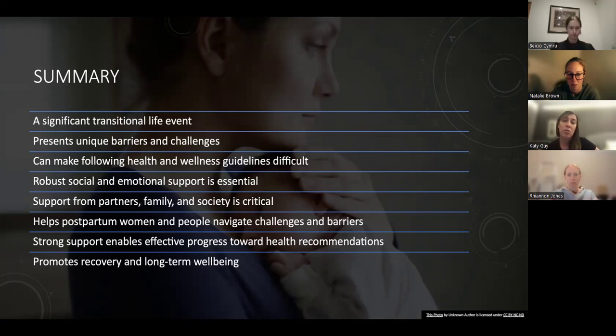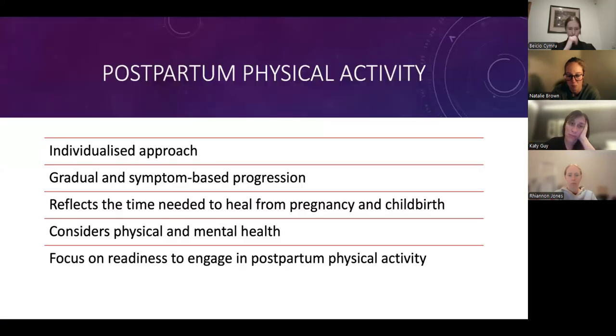Robust social and emotional support is essential, and a strong support system enables you to progress towards what you want to achieve. But it needs to be individualized. You can't compare yourself to the mother next door.